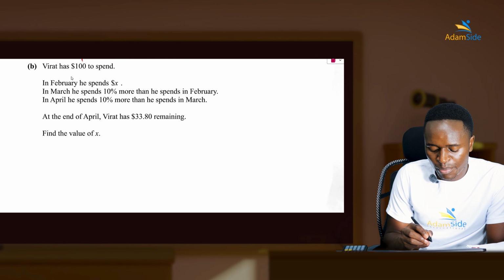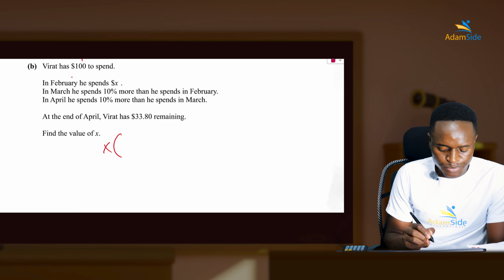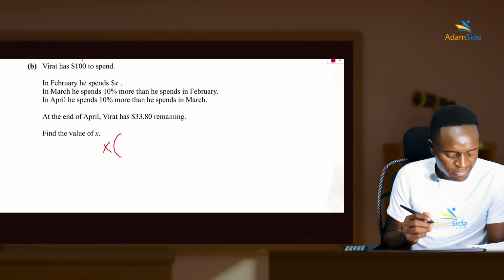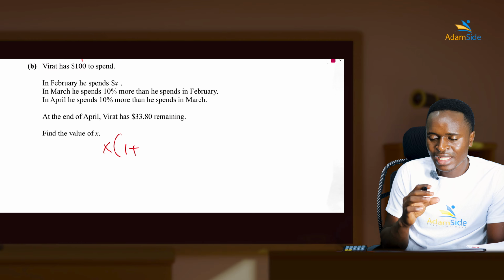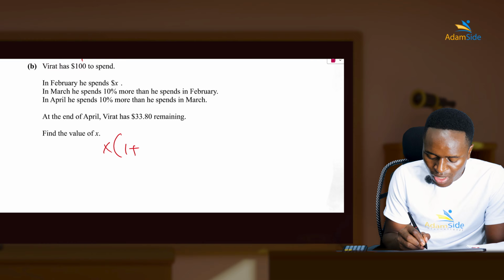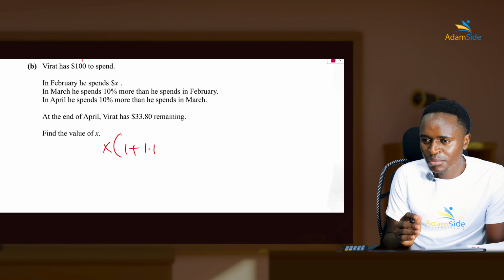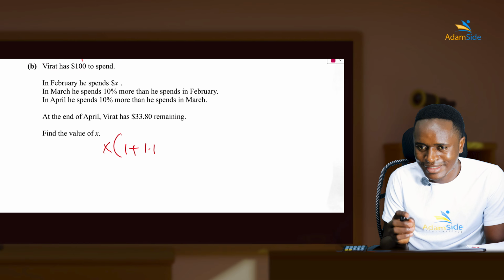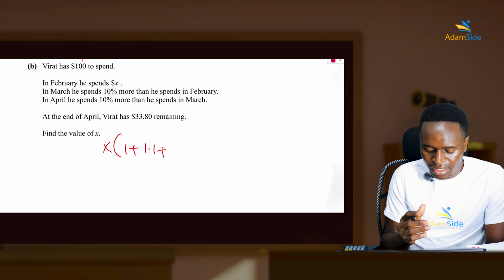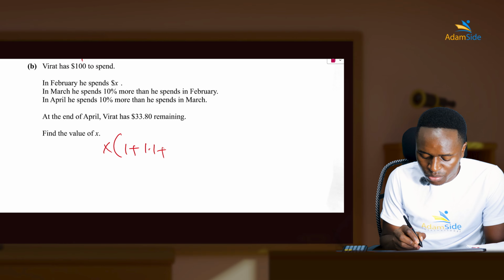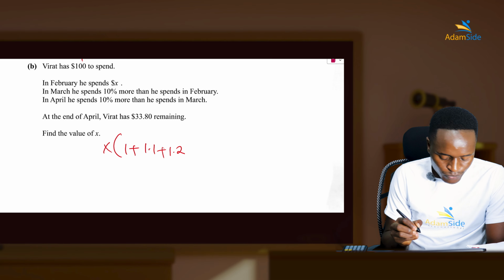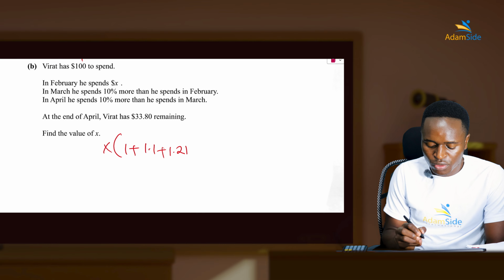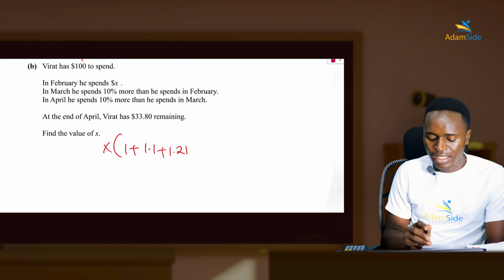Basically, if you assume the first one was x, and because it's in 3 installments, the first one will be 1. Then another one will be an increase by 10%, which will be 1.1, because 100% plus 10 gives 110. Then another increase of 10% again, so it will be 1.21, because remember it was 110 and then plus 10.